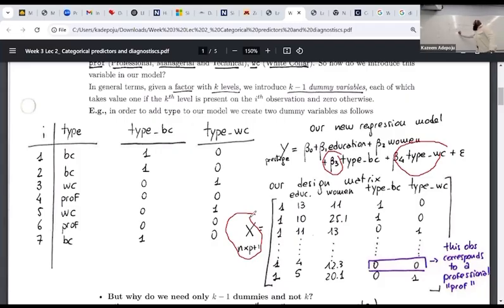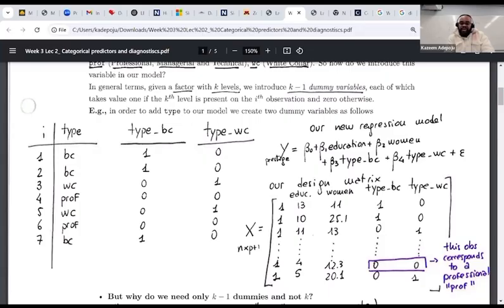I will be able to get this side, multiplying this by that. Then I will be able to get the inverse. This Y remains the Y vector. Now the design matrix X needs to be correctly captured.